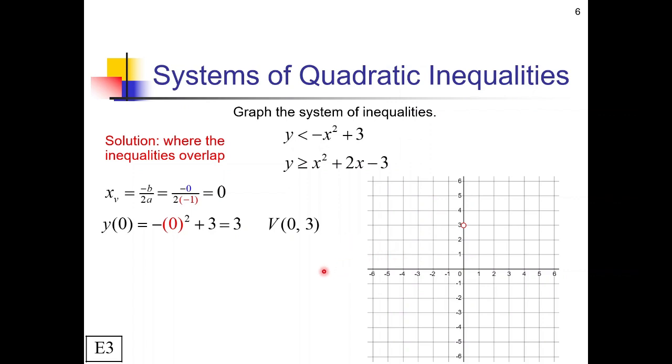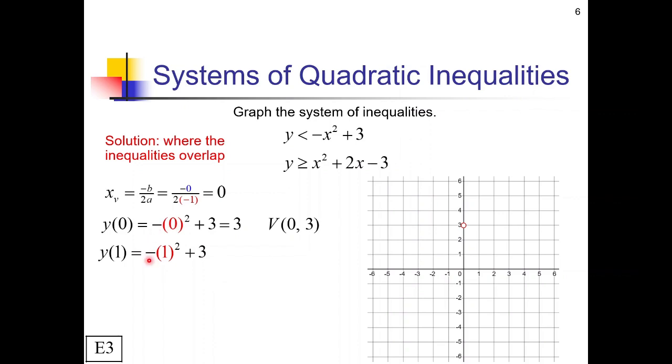Now this does kind of stray from our script for standard form a little bit because our vertex is also the y-intercept, so we don't have that easy extra point with the y-intercept because they're the same thing. So we'll just plug in another x value that's pretty close to this, such as 1, and that'll give us another point that we can work with.